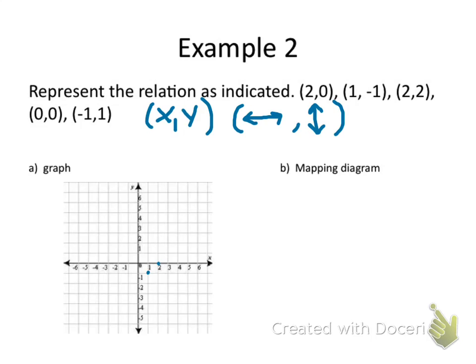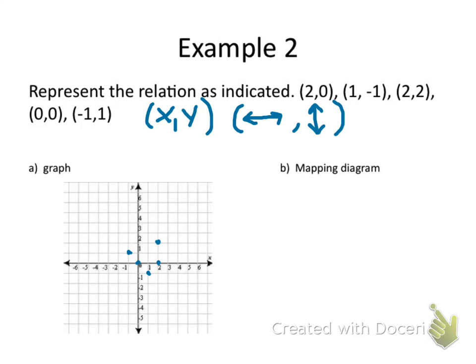This is going to be hard to pinpoint exactly. I just might have to do a thicker point. There we go. And then we have the origin right in the middle, 0, 0. So maybe I'll make all of these a little thicker. They're easier to see. And then finally, -1 and 1.